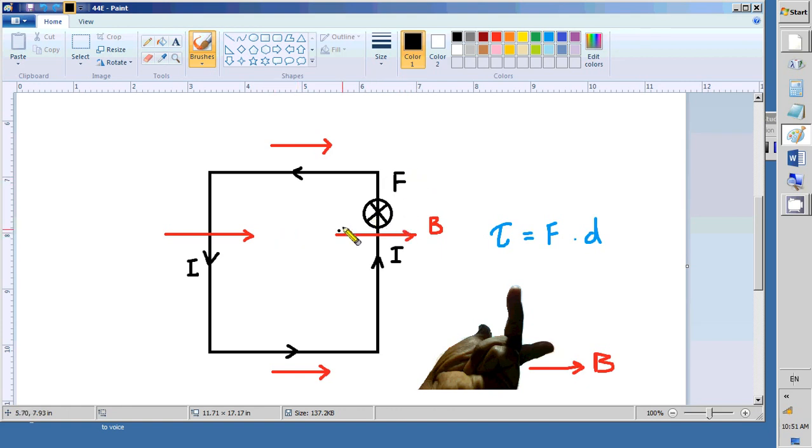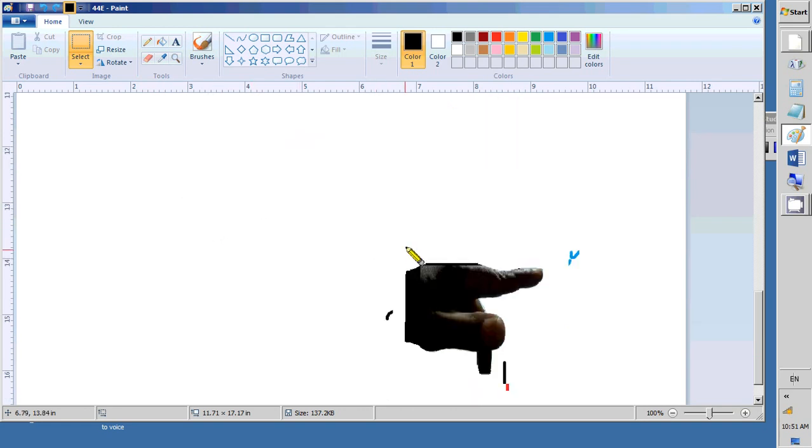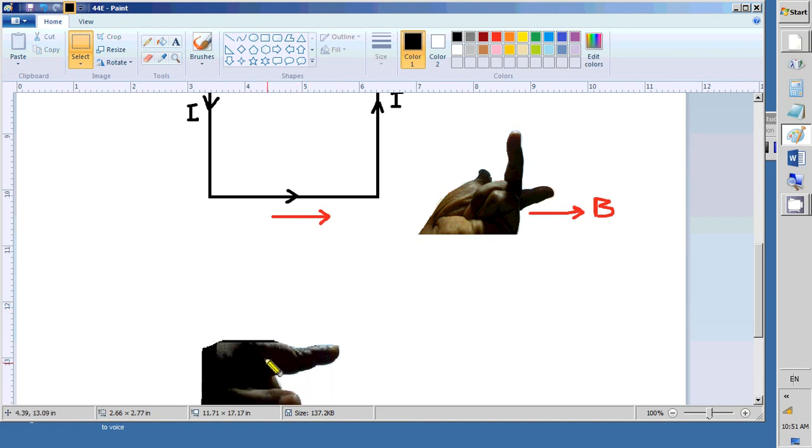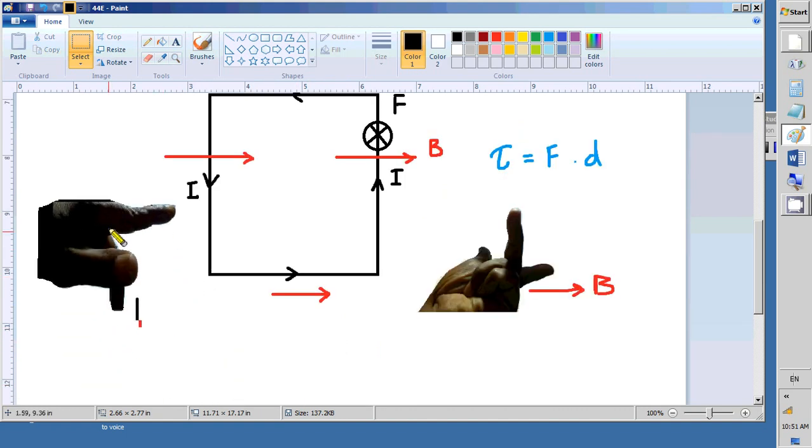So that way we can find the direction of force is this way. The same way we have to find the direction of force in the other part of the loop.